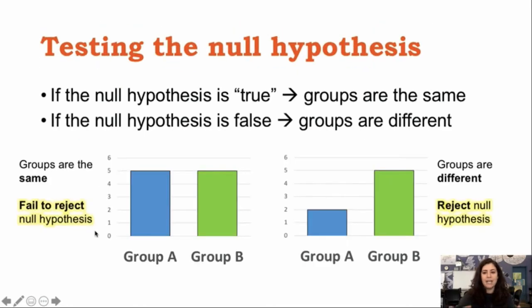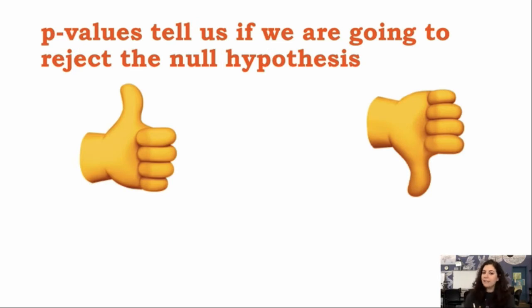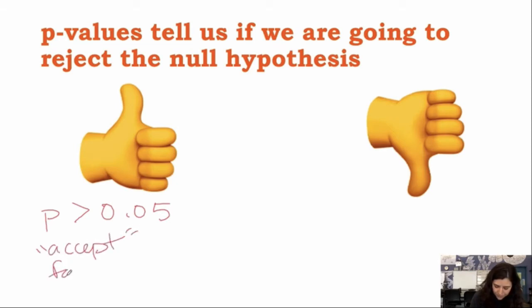So how do we actually decide, are we going to reject or fail to reject the null hypothesis? Well, to do that we need p-values. Remember, we talked about this at the start of the year too. So p-values are what we're going to use to actually put a numeric value on reject or fail to reject. And the way I like to remember how we use p-values is with a rule of thumb. So if p is greater than 0.05, thumbs up, greater than, that means we are going to accept, or in other words, fail to reject the null hypothesis.